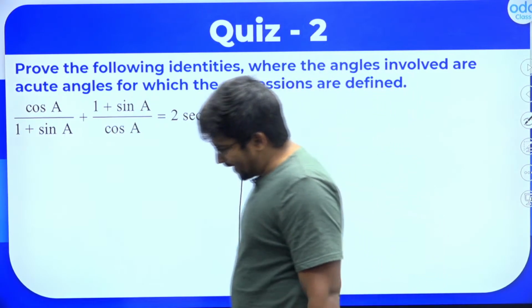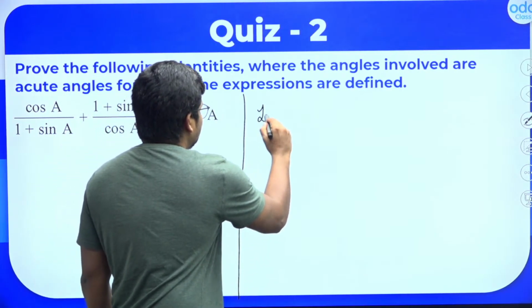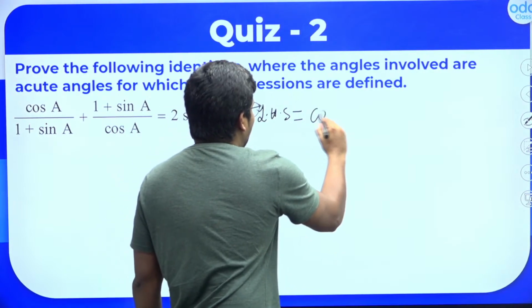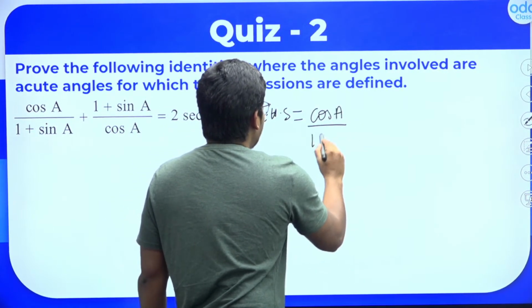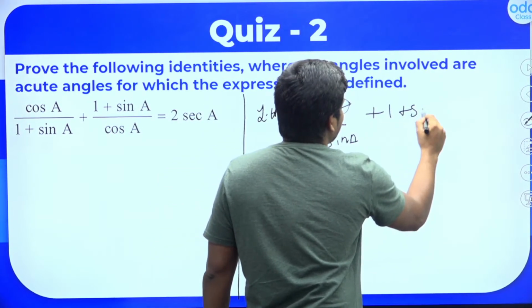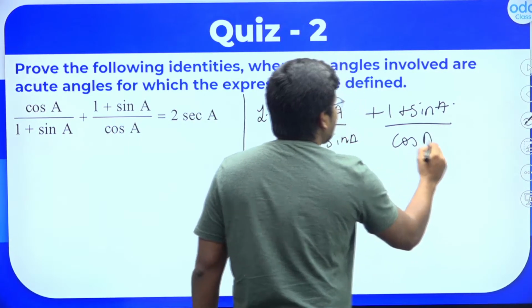So what is there in LHS now? In the LHS we have cos A divided by (1 plus sin A) plus (1 plus sin A) divided by cos A. Correct? Let's take LCM here.